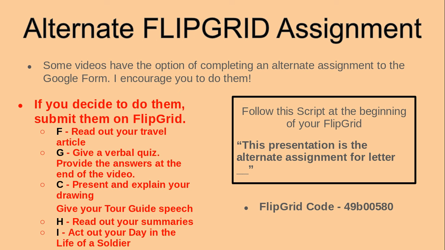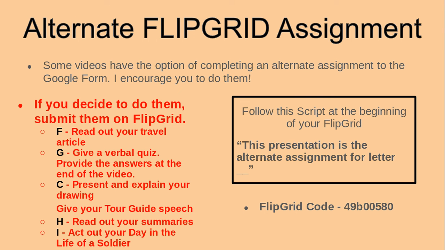And then on day four, you decide to do F, and you did the Flipgrid for that. So you could be posting three videos within the same Flipgrid section assignment. If you're interested in that, by all means, go ahead and do that. But if you'd rather just do the Google form, then by all means do that.